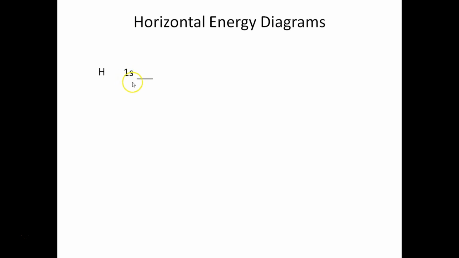Because my 1s only has one ml value, or one orientation, it only gets one dashed line. So I have an n value of 1, an l value of 0, and an ml value of 0. One digit, one line. Now it has one electron, so I denote that electron with an arrow pointing up. We always put arrows pointing up first, and this now represents its ms value.